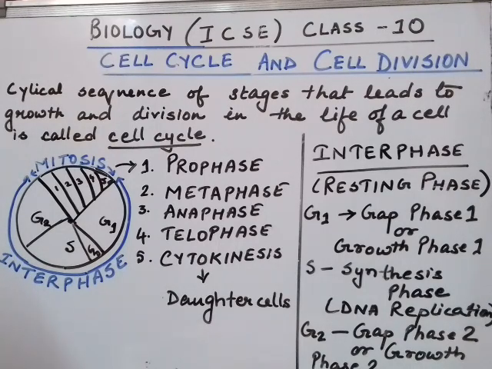So students, hopefully you liked my first introductory video on this chapter. In my upcoming videos, I will be elaborately discussing the stages of mitosis with diagrammatic representation. That would be beneficial for your study, learning and preparation for the examination.